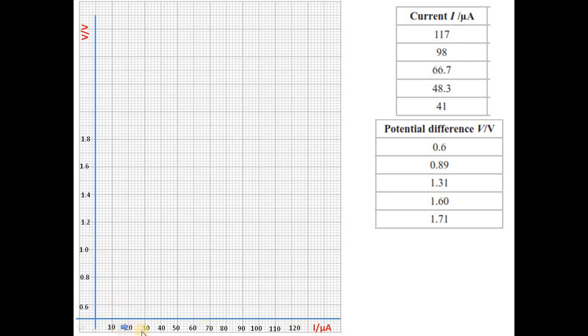Remember, you need to choose a scale so that your graph covers more than 50% of the area. If you plot the corresponding values, you get these points, and the line of best fit is this.